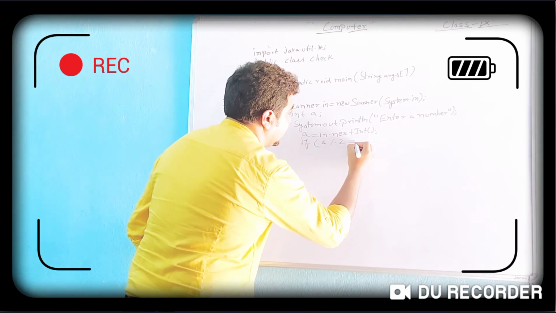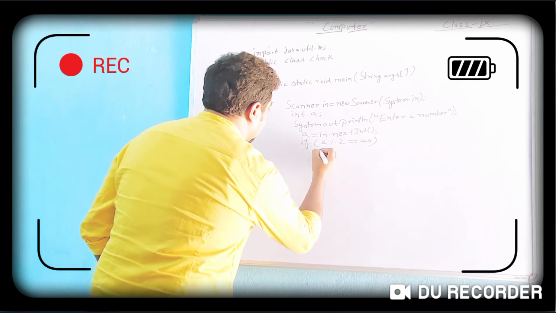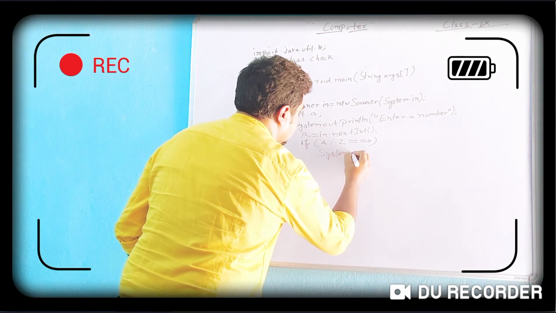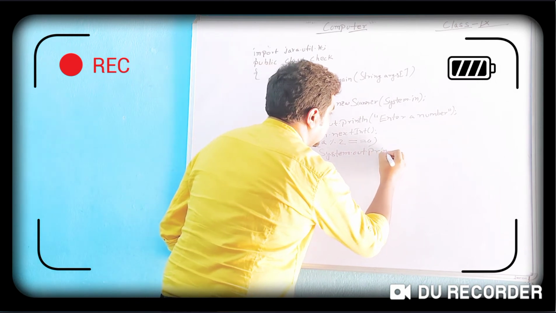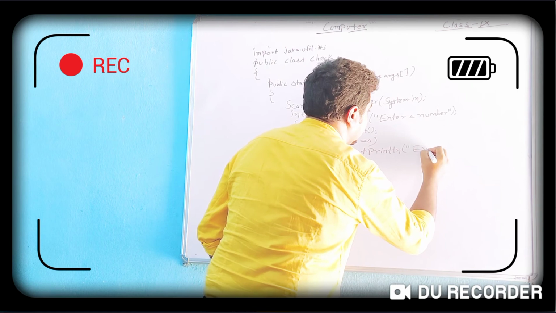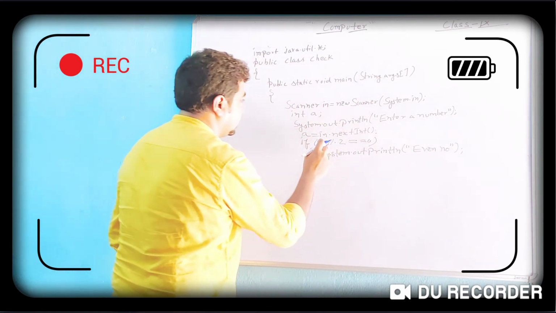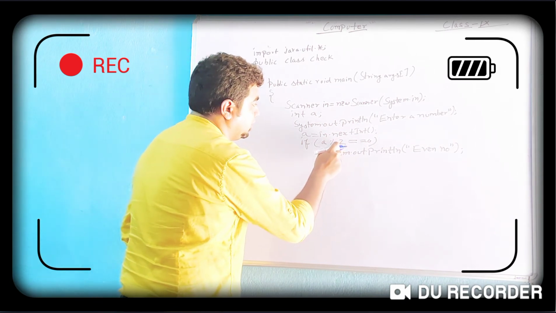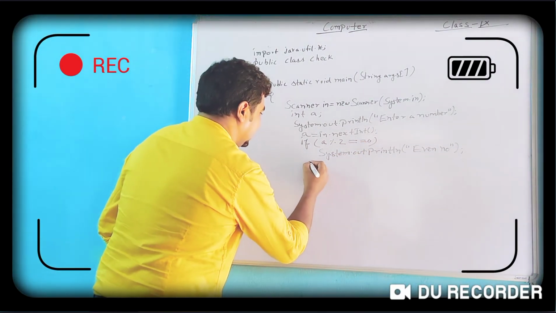If remainder == 0, so I have to write here System.out.println("Even number"). It is an even number. Else, if this condition is not true, means a modulus 2, while dividing by 2, the remainder is not coming out to be 0, then you have to check here.